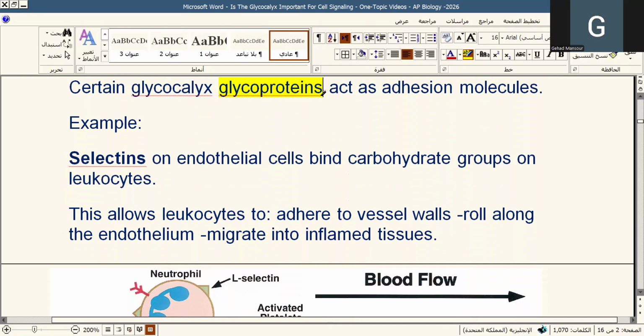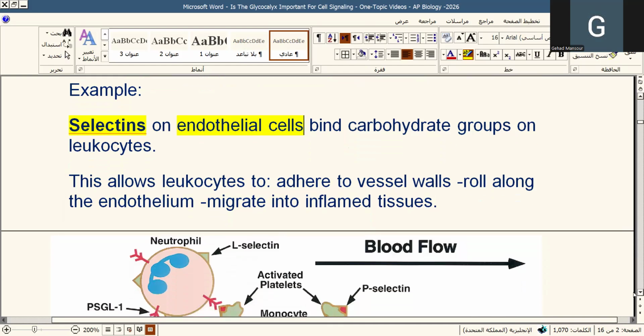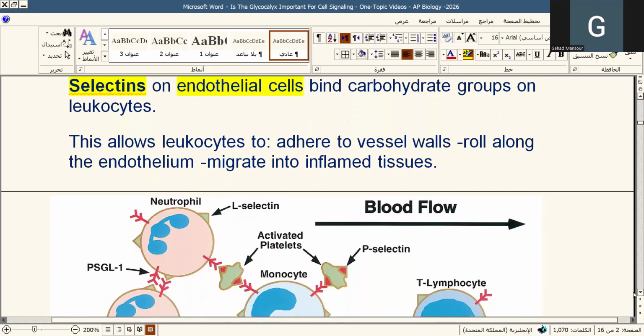They act as adhesion molecules. For example, we have certain glycoproteins called selectins that are present on the endothelial cells that line the blood vessels and that bind to carbohydrate groups on top of leukocytes.